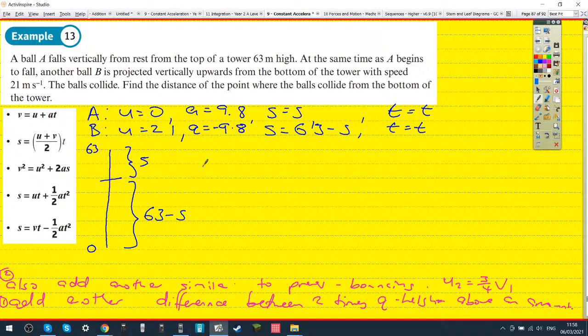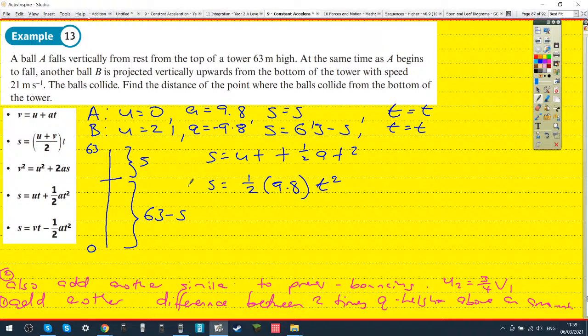You can use s equals ut plus a half at squared. So for A it would be s equals u, which is 0, plus a half brackets 9.8 and then t squared. And then would you make it equal to each other, the equations?